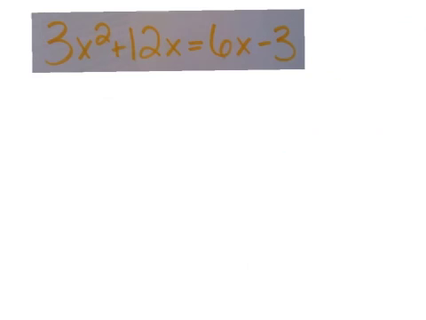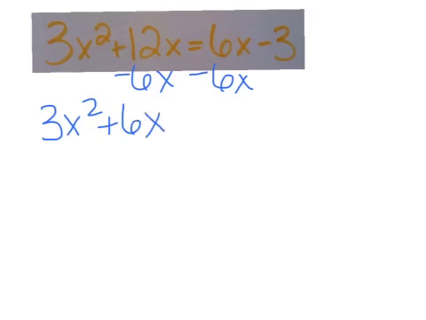So here's the last example we're going to do today. So step 1, convert it to standard. So we're going to subtract 6x from both sides. We're left with 3x squared plus 6x is equal to -3. Still not in standard, so we're going to add 3 to both sides.